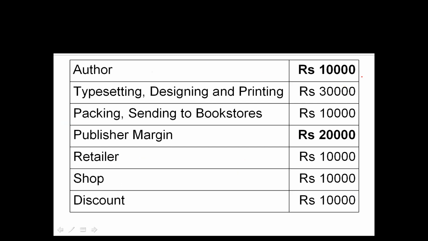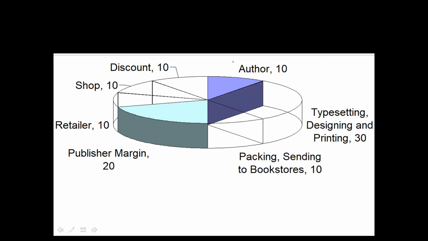So if you see again clearly, the author gets only 10,000 and the publisher margin is 20,000. So essentially, these are the two people who are making money over a book. For all others, it will be just above the expenses.